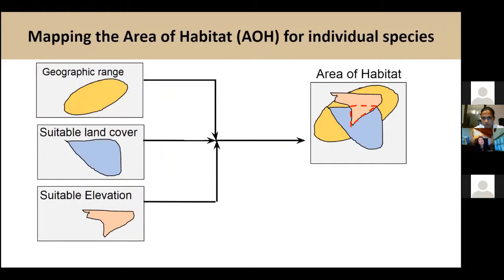So there are many different ways to map suitable habitat models. And in our case, we wanted a metric that could be practical, that can use accessible data.